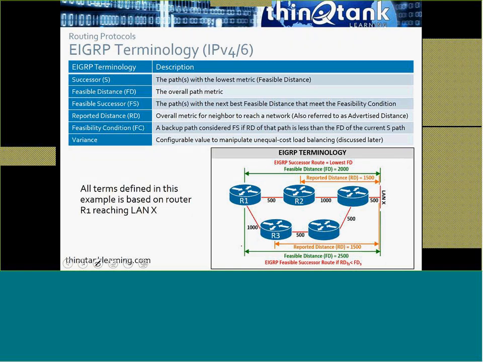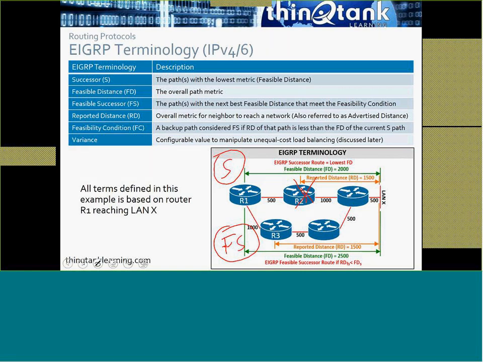So now we've confirmed that we do in fact have a feasible successor. Here's my successor path. There's my feasible successor path. Okay? Question. What happens if router 2 goes down? What do you think should happen? It switches over to the feasible successor path without doing really any kind of major calculations.